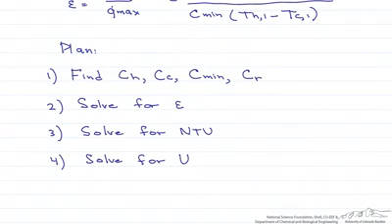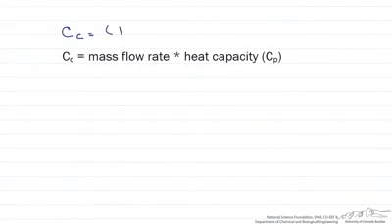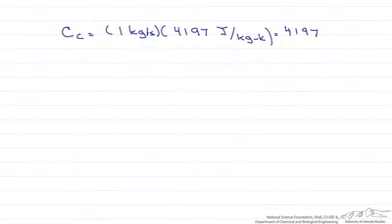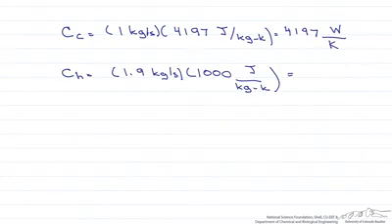Let's get started. C sub C, or our cold fluid, which is the water, is going to equal 4,197 watts per Kelvin. We do the same for the hot fluid, the gas, and this is going to equal 1,900 watts per Kelvin.